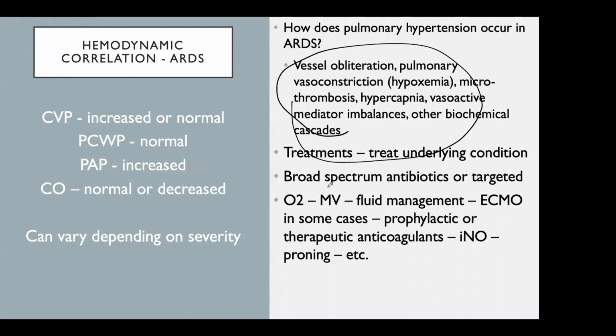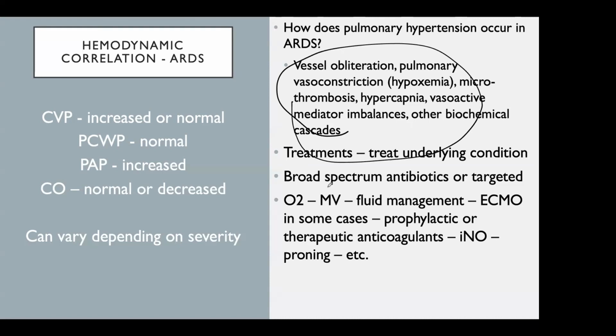Tons of studies have come out for proning these patients, moving those dependent lung areas, and moving that blood around to the parts of the lung that are doing the work. And secondarily, especially when I worked in LTAC, moving these patients around, you go to suction a patient and you don't get anything.